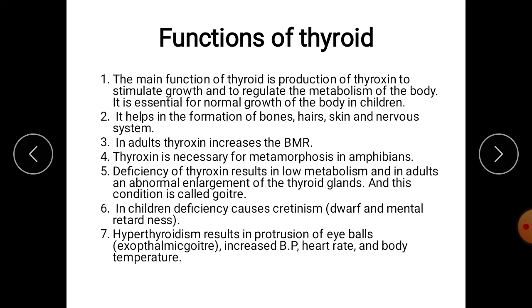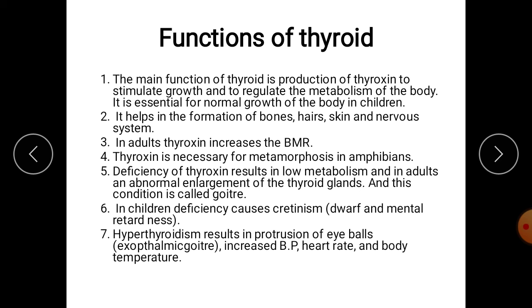Okay, so thyroxine is also necessary for metamorphosis in amphibians. You know what is metamorphosis? Metamorphosis is a process during which a less developed larva becomes a more developed adult. This metamorphosis occurs in almost all animals.